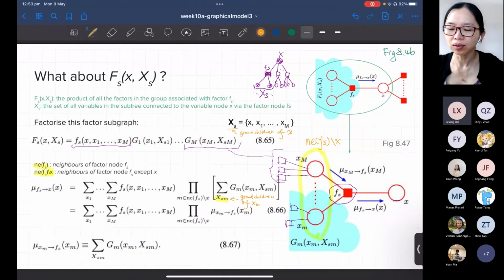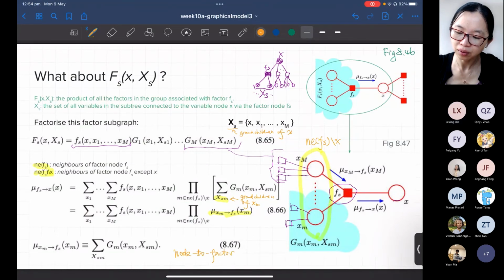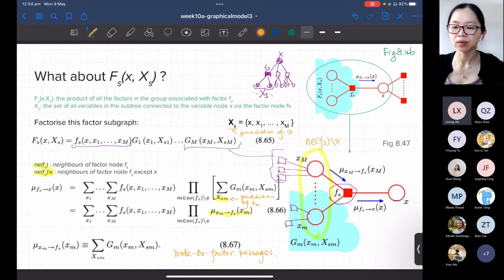And we call each of these factors basically messages. We rename the sum of the G terms and call them node to factor messages. Before we had factor to node messages.